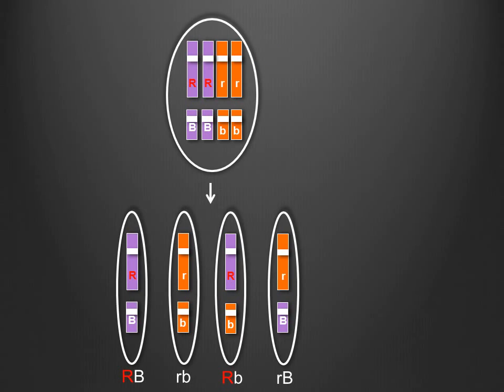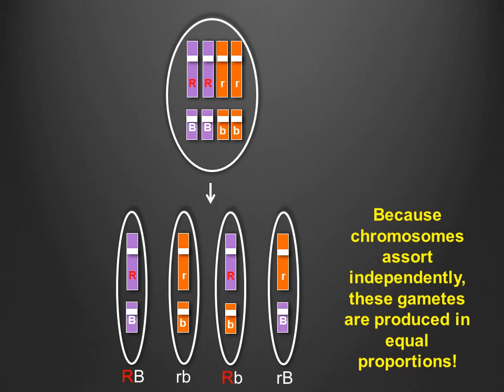All 8 chromatids must be separated into 4 gametes, such that each gamete gets one color allele and one size allele. Because chromosomes assort randomly during meiosis, all 4 possible gametes are formed with equal probability.